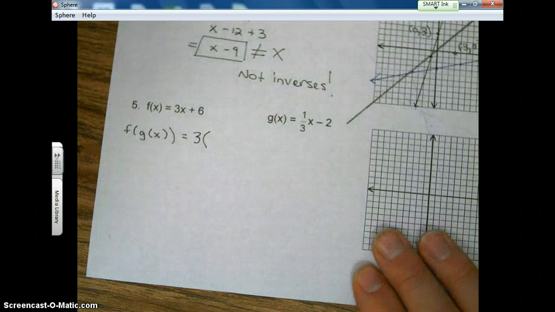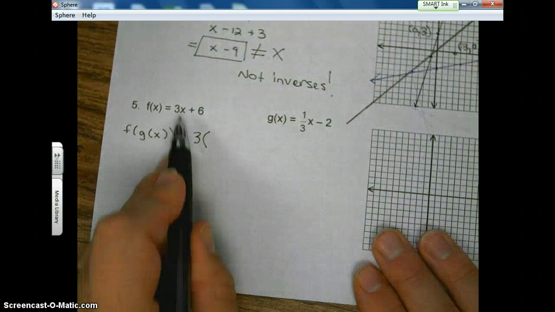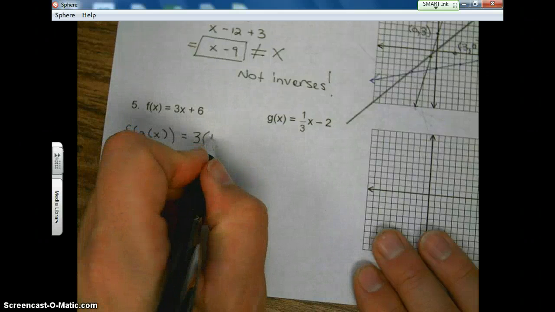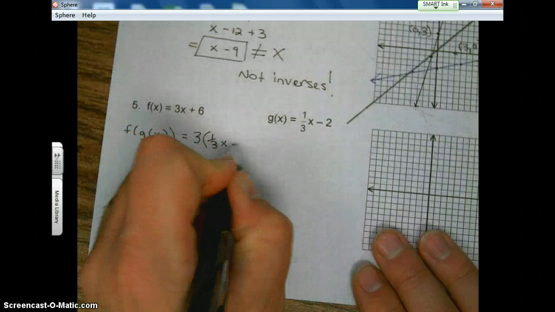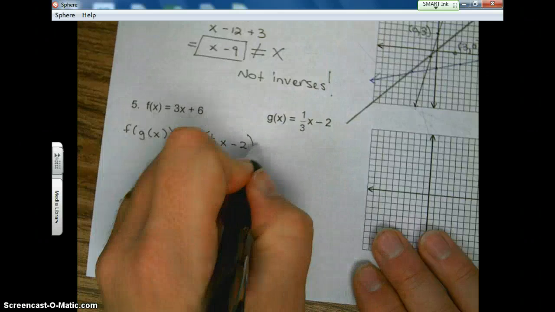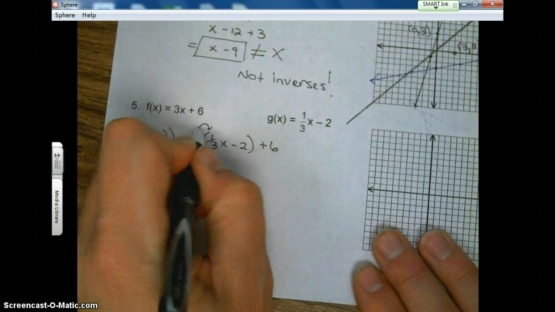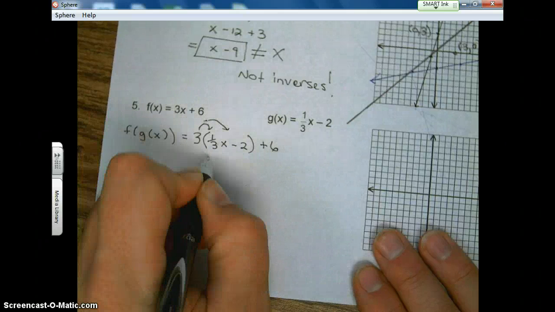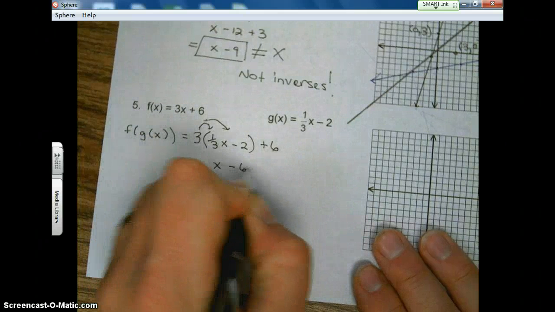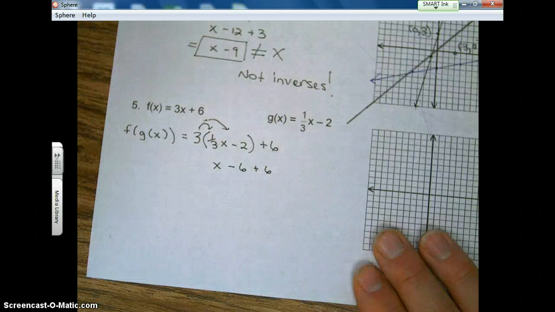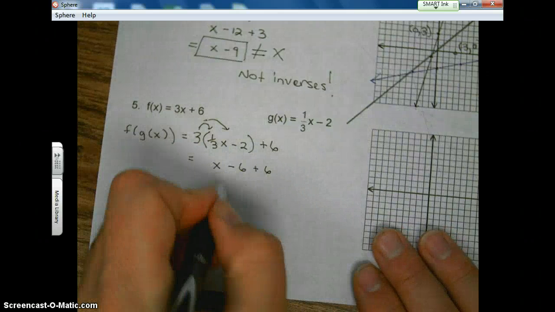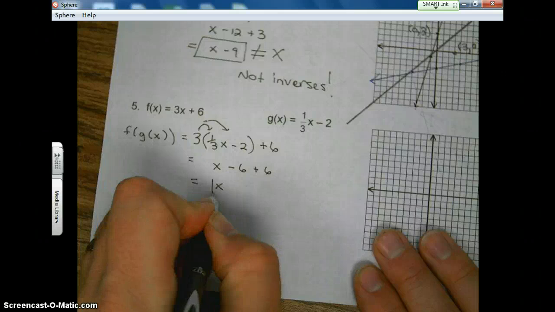Okay, function g goes in for x, so 1/3 x minus 2 plus 6. Multiply, and then we get 1x minus 6 plus 6. And we get equals x.